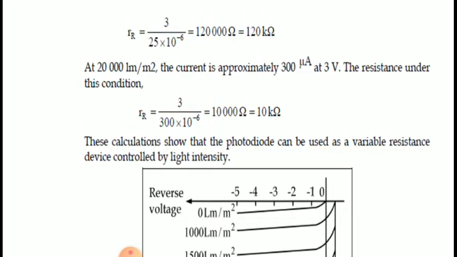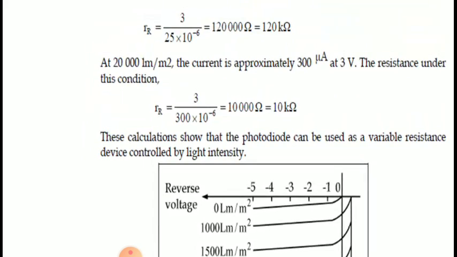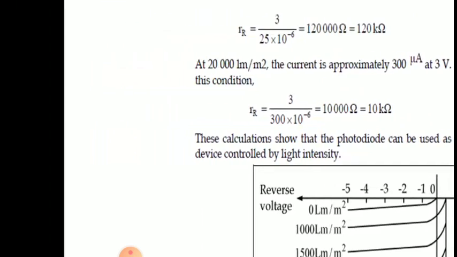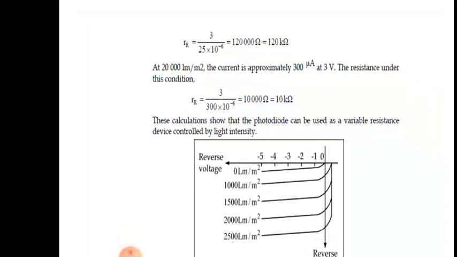But when there is an incident light of 20,000 lumens per meter square, then approximately 300 microamps current flows in that diode, and the resistance has decreased. The resistance decreases from 120 kilo ohm to 10 kilo ohm, that is almost a 12 times decrease.